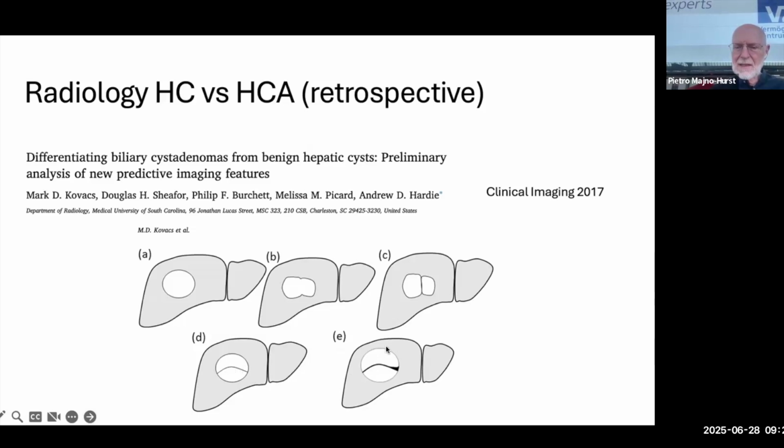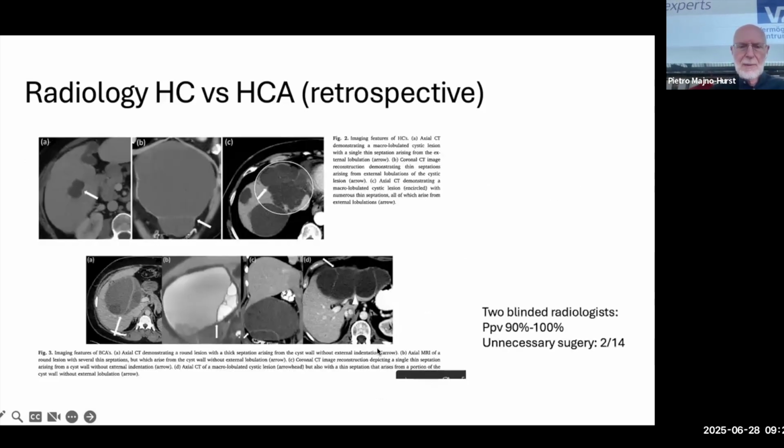Simply by looking at these features, the authors found that they had a positive predictive value of 90 to 100% in operating the cystadenomas and sparing unnecessary surgery of patients with simple cysts. So this is something we have to look for in simple cysts that are opposed with a septum, and a septum without the dent is more typical of cystadenomas. This is a sign I did not know, and I think it contributes to the difference.